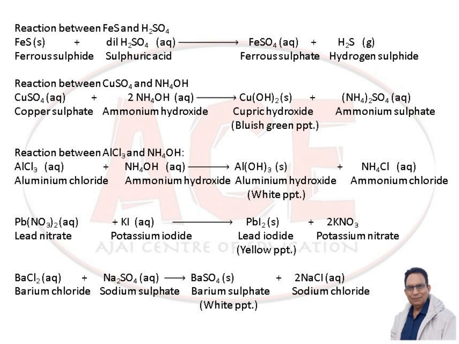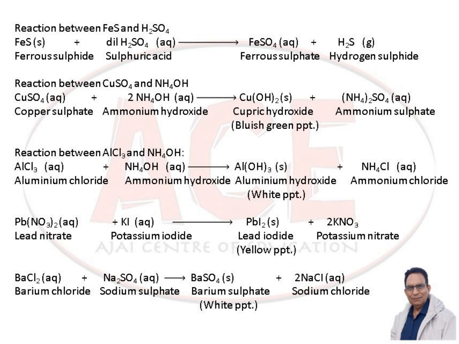Another reaction between CuSO4 and NH4OH. CuSO4 aqueous, this is copper sulfate, plus NH4OH, ammonium hydroxide, on reacting give Cu(OH)2, cupric hydroxide, plus ammonium sulfate, (NH4)2SO4. The color of cupric hydroxide is bluish green.